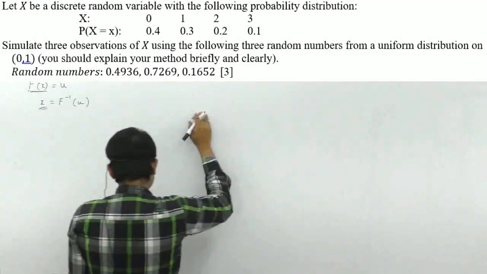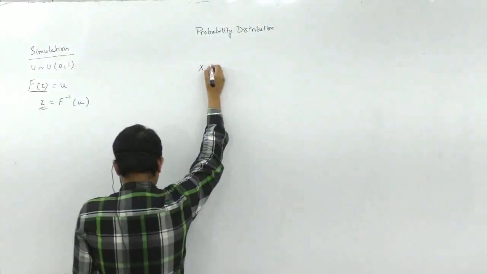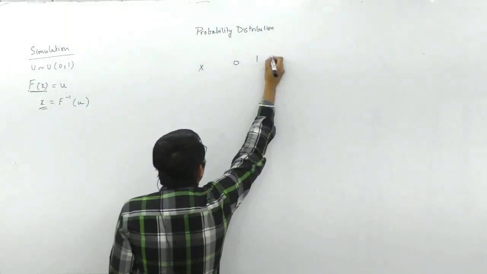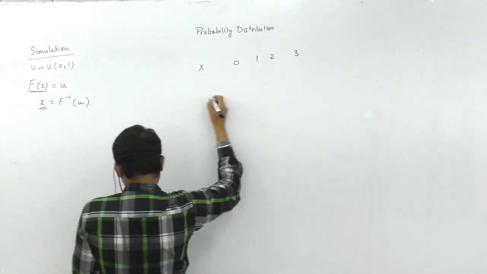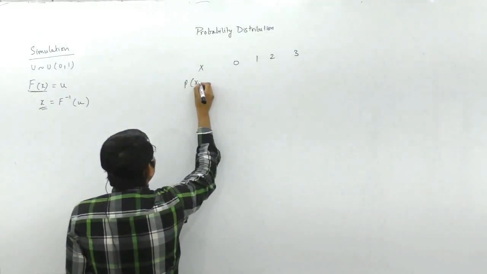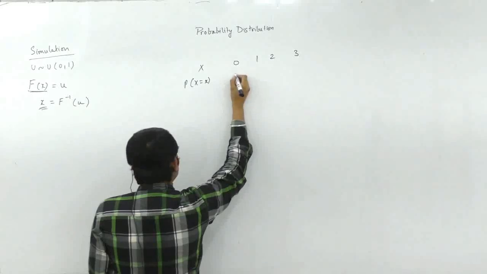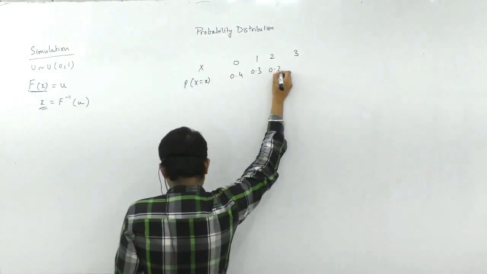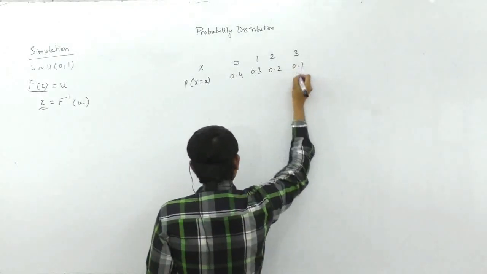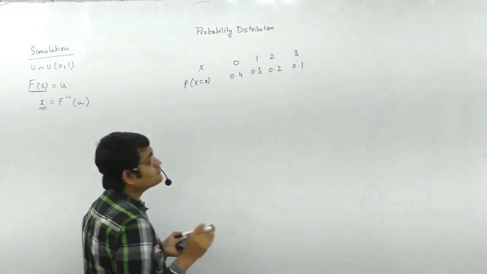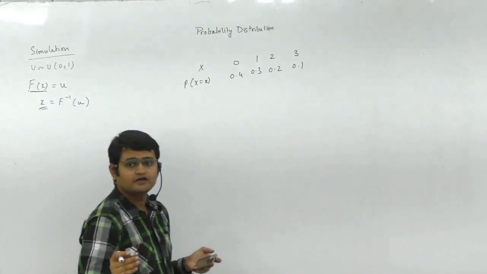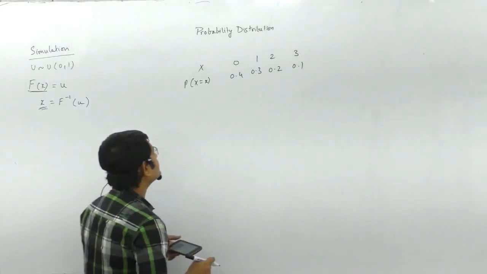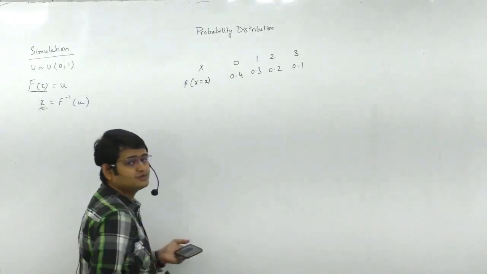They have given us x as 0, 1, 2, 3, with probabilities 0.4, 0.3, 0.2, 0.1.